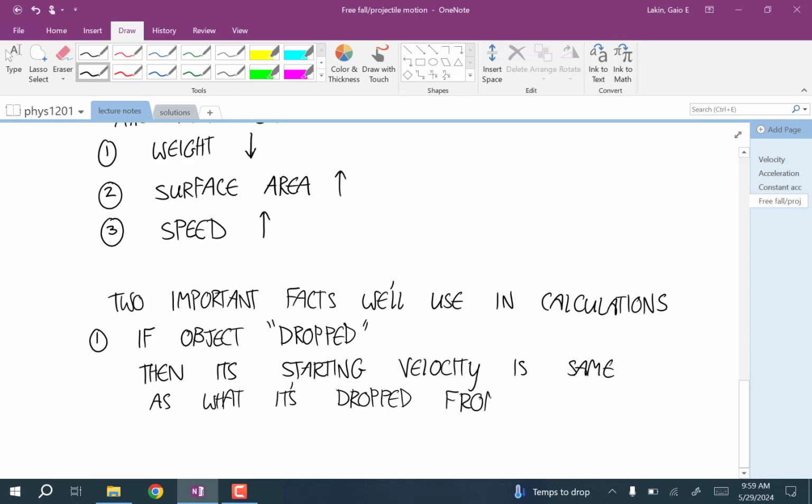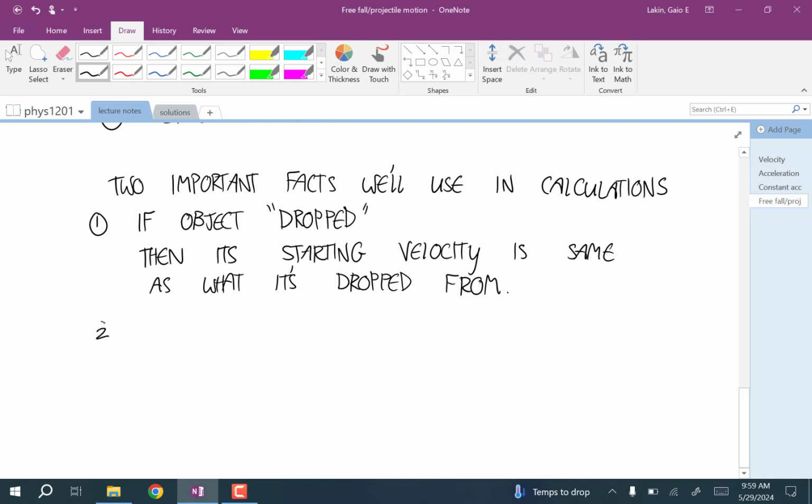That also works if it's dropped from the ground or from a bridge or from the window of a building. All of those things are at rest. They have 0 velocity. And that means that at the instant you drop something from those things, the velocity of the object is 0.